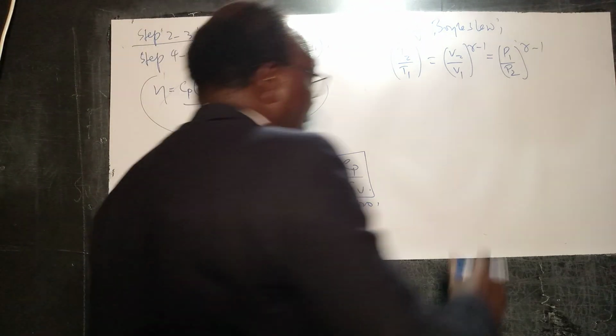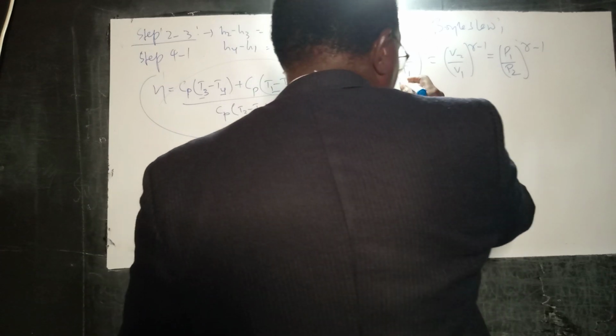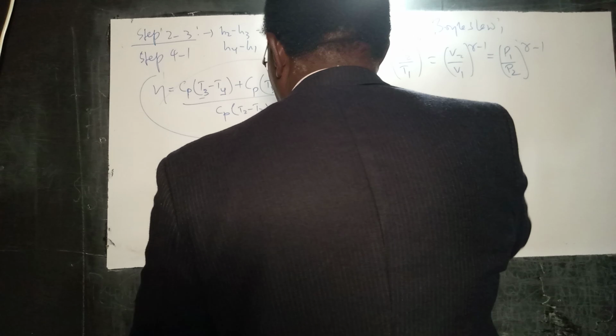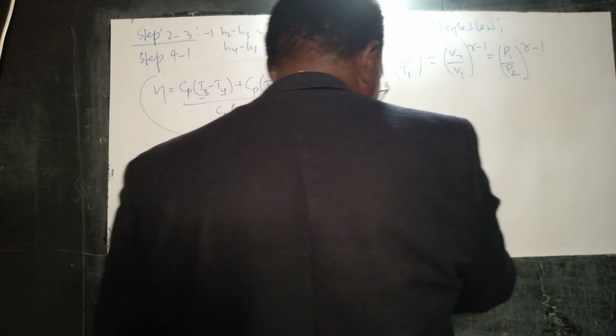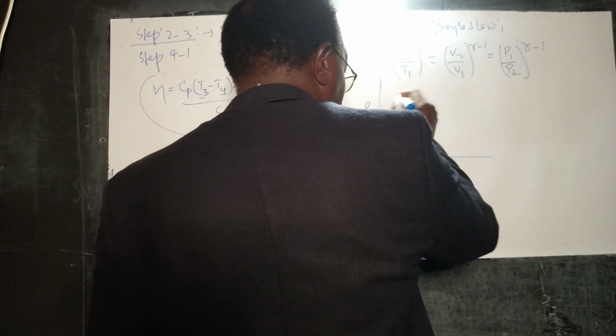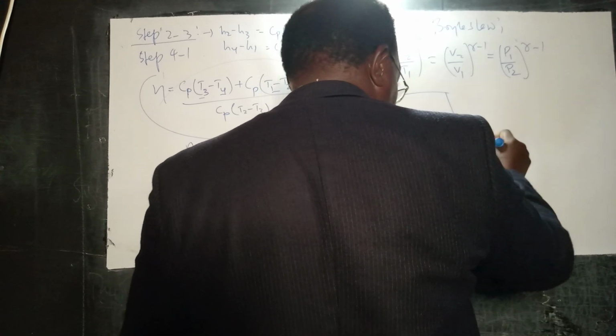So what does that mean to us in terms of these particular quantities? If we remember our cycle there, pressure, volume, you must always have the cycle in your mind.